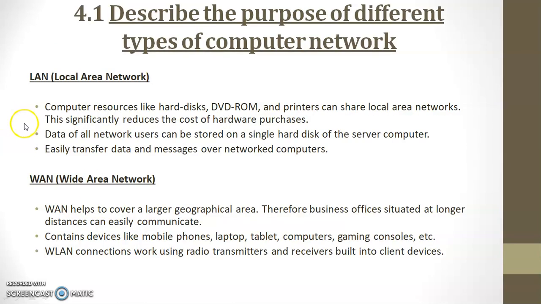4.1 Describe the purpose of different types of computer networks. LAN: computer resources like hard disks, DVD-ROMs and printers can be shared over a local area network, and a WAN helps to cover a larger geographical area.